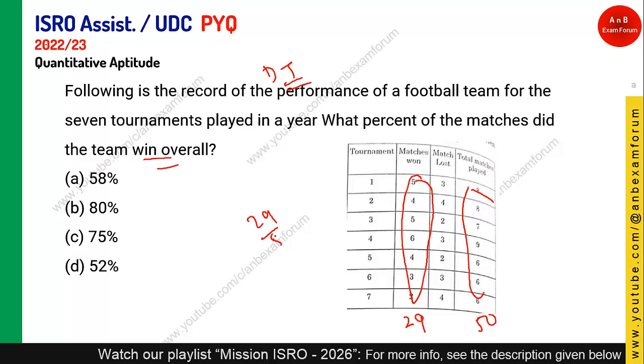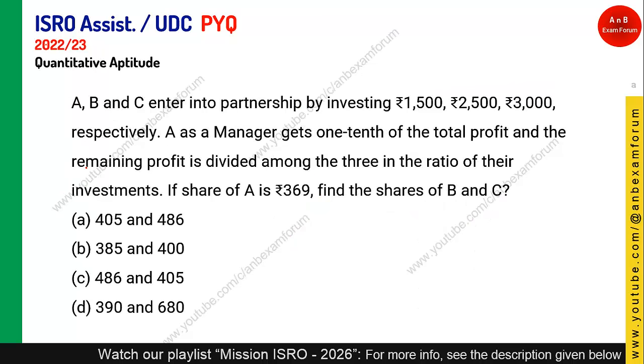So 29 by 50 into 100, that's it. It becomes 58%, right? A very simple DI question. Again, if a problem in the exam seems difficult, try to ignore such questions.